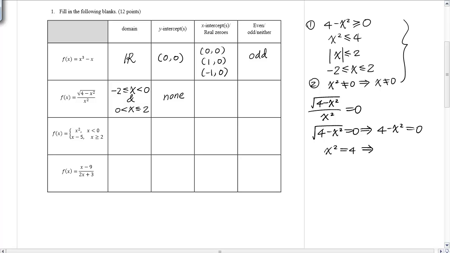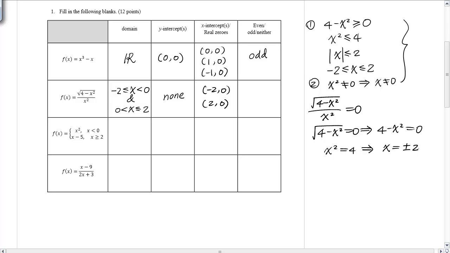Then again, taking the square root of both sides, we end up with two answers, x equals either positive or negative 2, corresponding to the two x-intercepts of (-2, 0) and (2, 0). And x equals positive or negative 2 are the real zeros of the function as well.